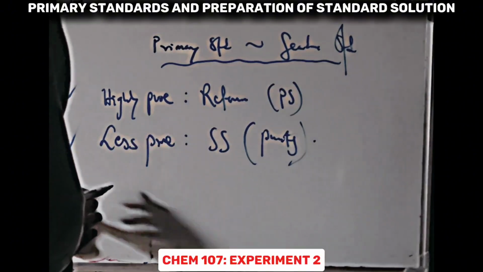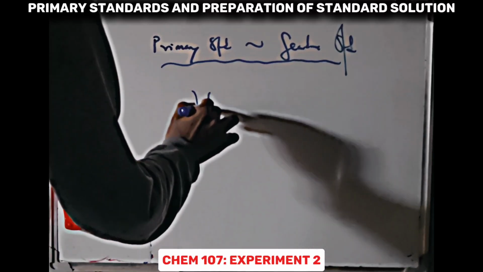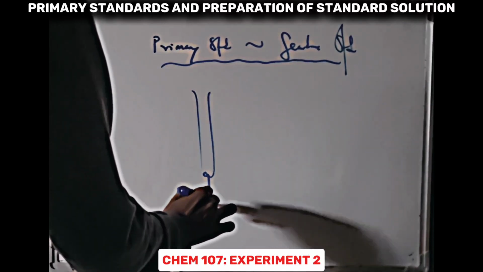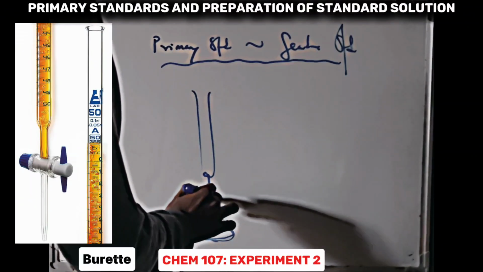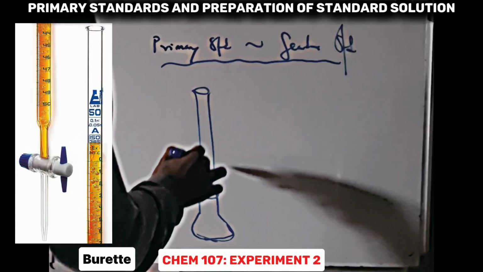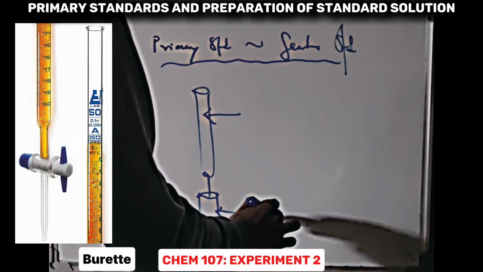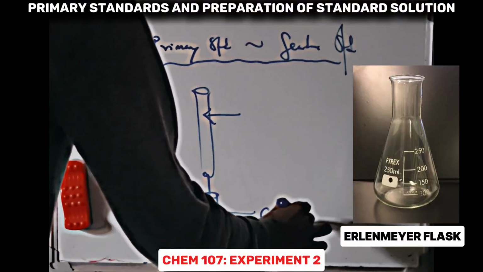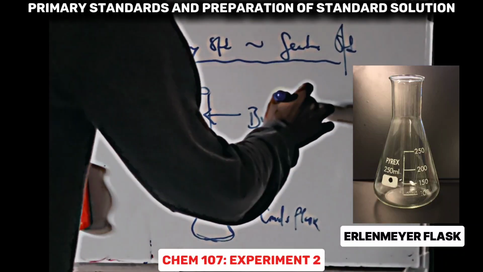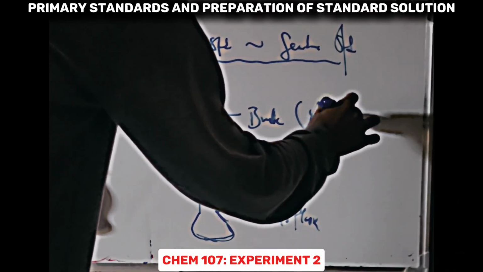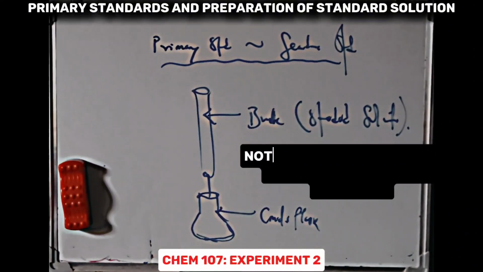Alright? So in an acid-base titration, for example, because this is what this course is all about, and some other sort of titration, redox titration and the rest. So you know this is your burette, and this is your Erlenmeyer flask, or you call it your conical flask. In the burette, you put the standard solution, the solution of known concentration.